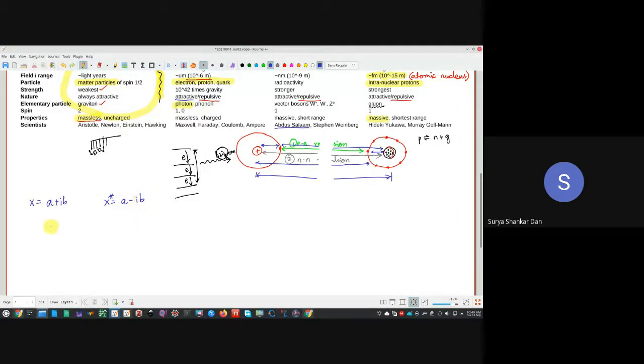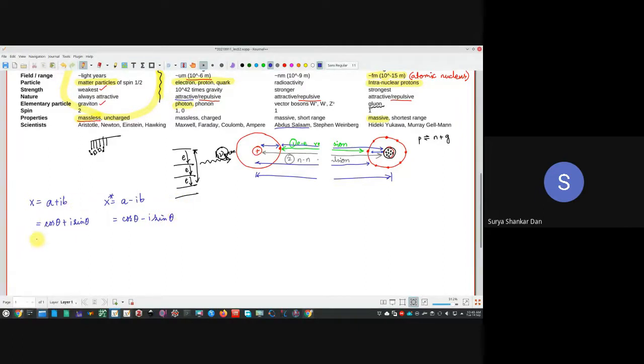Now instead of A, if I write cos theta plus i sin theta, then what is X star? Cos theta minus i sin theta. I will just change the sign in front of the i.